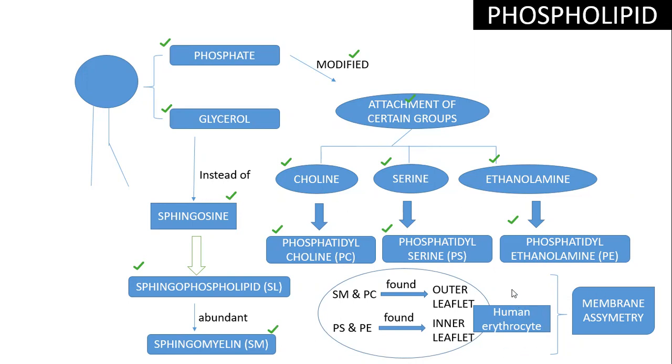For example, in the human erythrocyte, sphingomyelin and phosphatidylcholine are found in the outer leaflet of the membrane, whereas phosphatidylserine and phosphatidylethanolamine are present in the inner leaflet. This arrangement of phospholipids is known as membrane asymmetry.